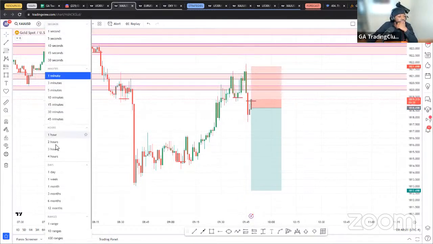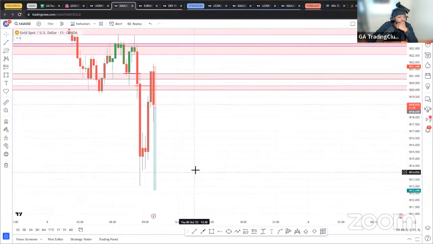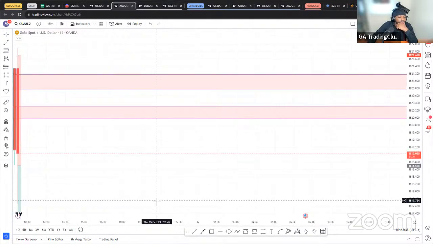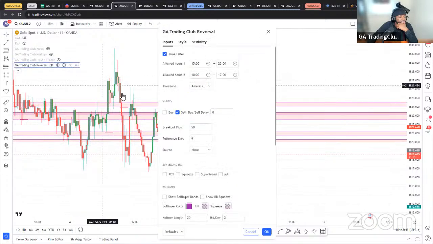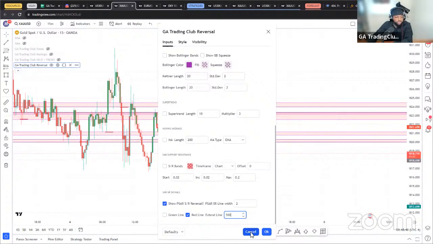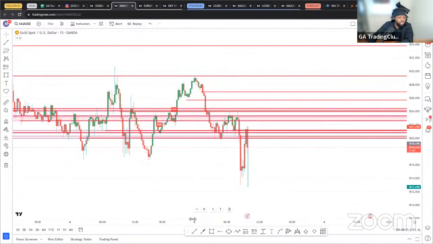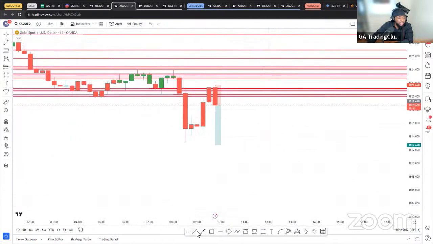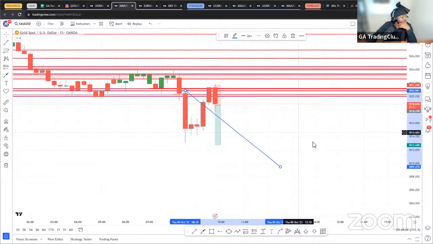So this is that 15-minute entry. This entry is this break and continuation here.